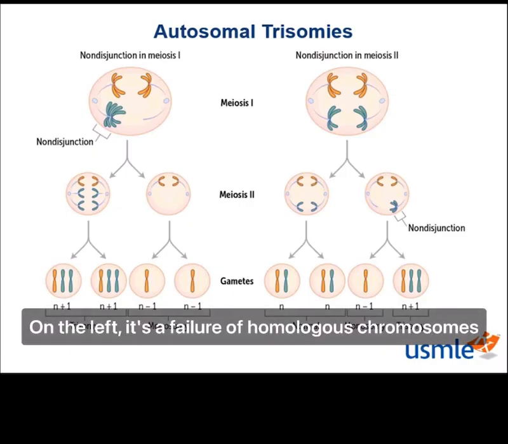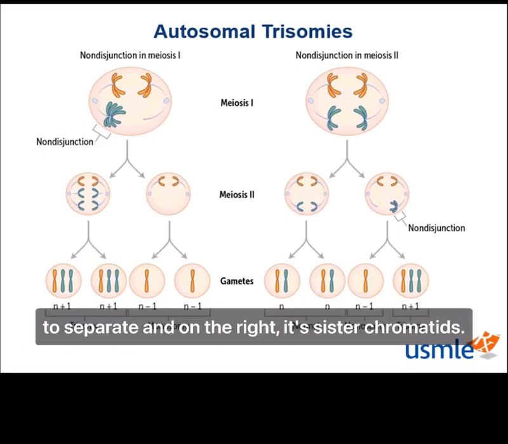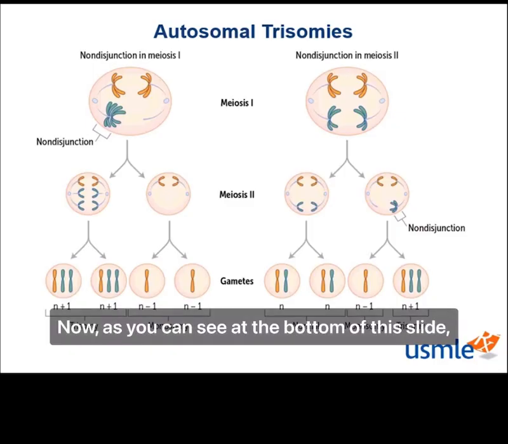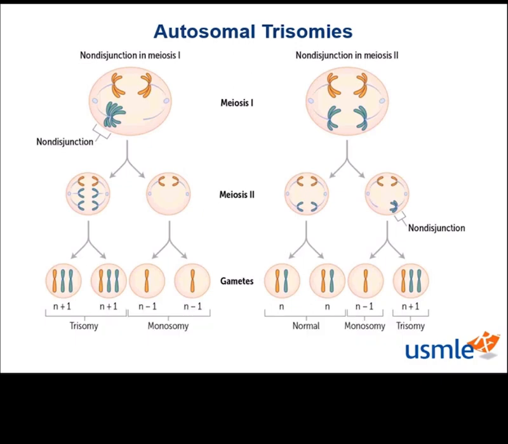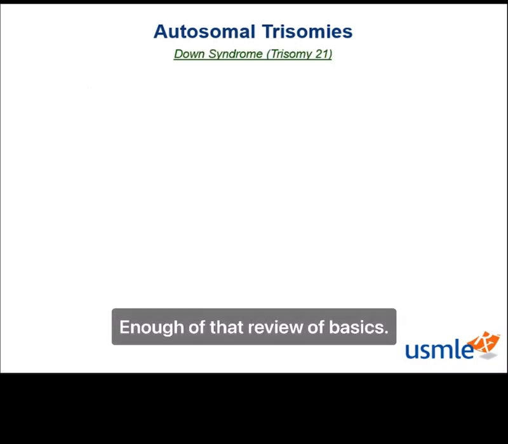On the left, it's a failure of homologous chromosomes to separate, and on the right, it's sister chromatids. Now, as you can see at the bottom of this slide, this usually results in an abnormal distribution of chromosomes in our gametes. Enough of that review of basics.